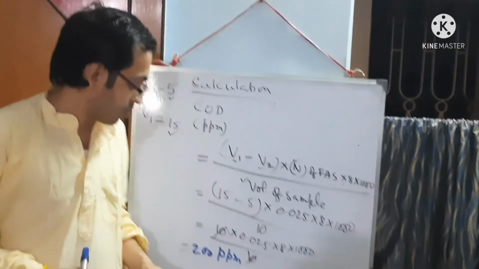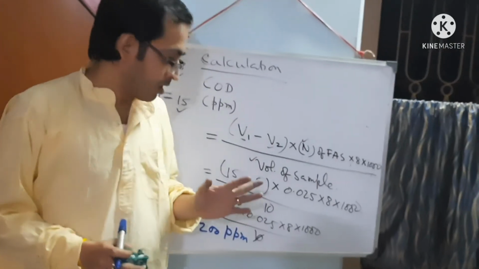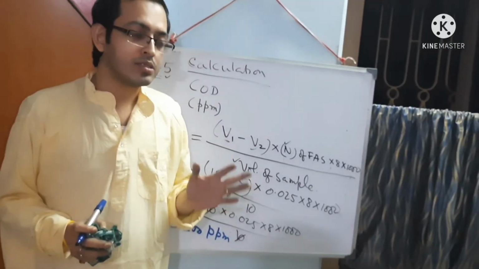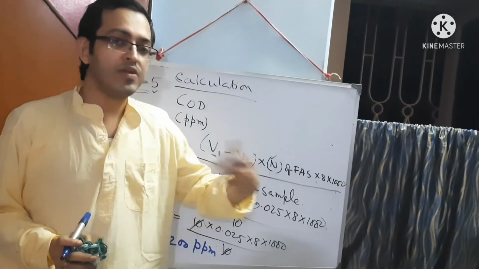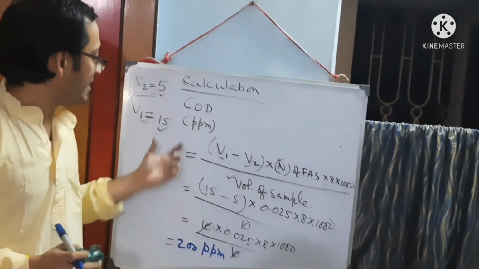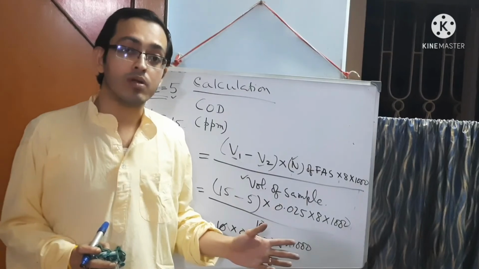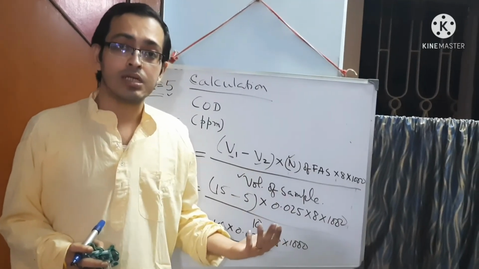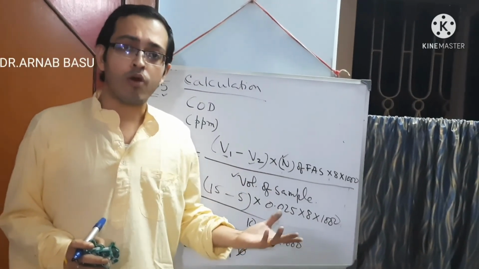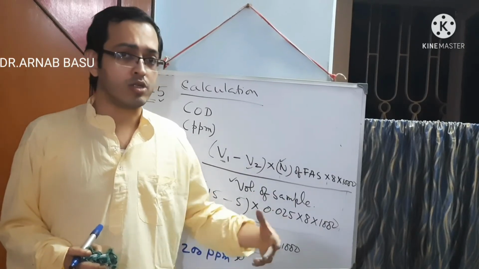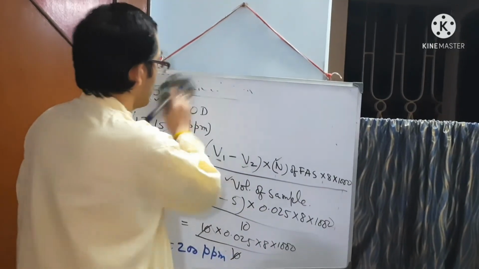So now, the water sample given to you contains a chemical oxygen demand of 250. Is the value desirable for fish culture or not?